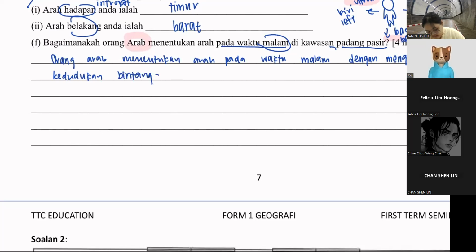Then you can say, yaitu buruj. Now buruj is the one that looks like a spoon, the stars that look like a spoon. That is the North Star.